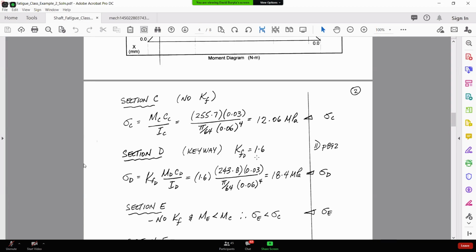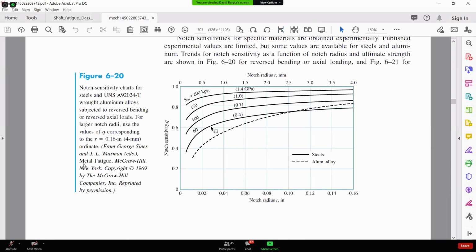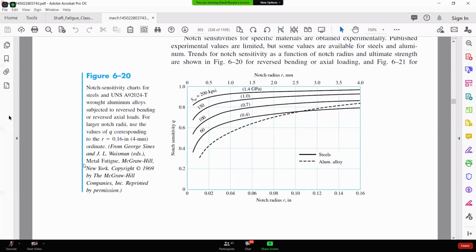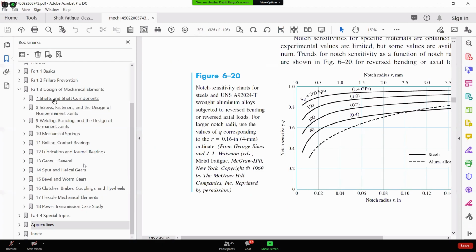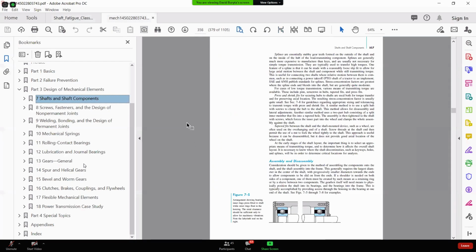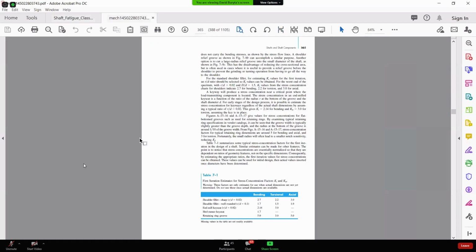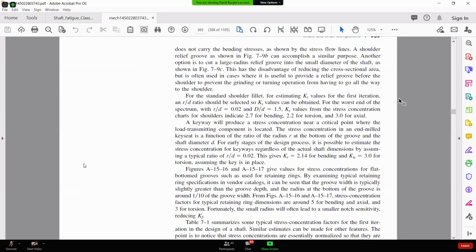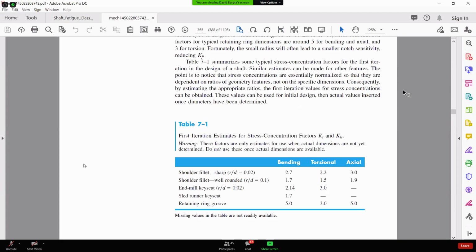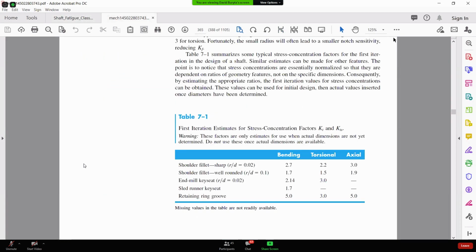Now, if you look in chapter 7 of your textbook, this table here, 7-1, is the same table in both editions, and it's also in your notes.